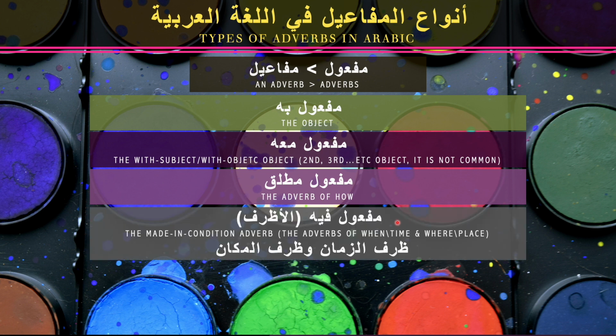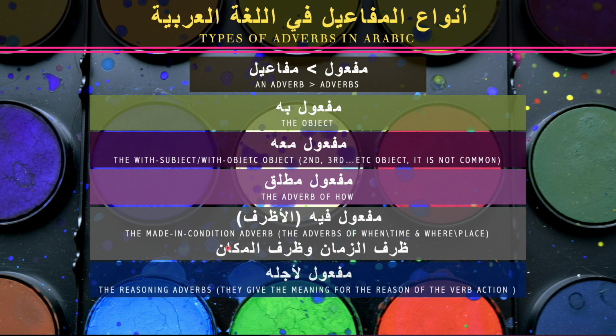And then مفعول فيه, or we call them الظروف, which gives the meaning of when or where the action happened. They have 2 subcategories, ظرف الزمان and ظرف المكان, the time adverb and the place adverb. And then finally we have مفعول لأجله, the adverb that gives the reason why the verb was done.